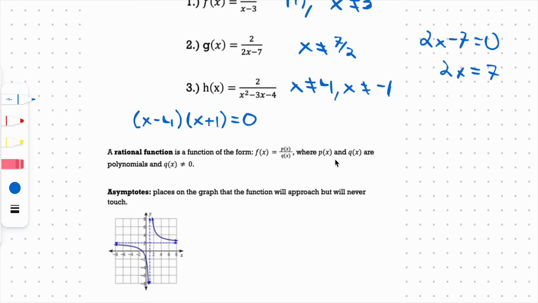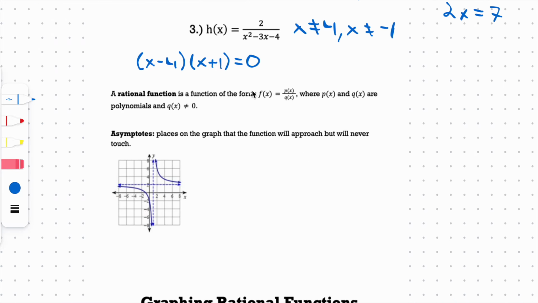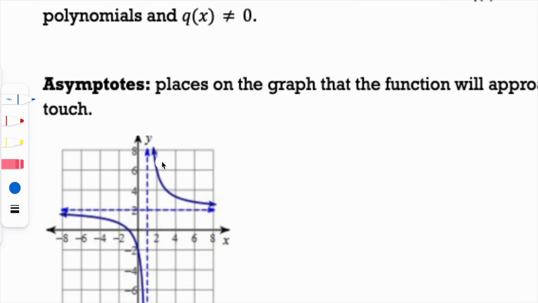And when we have these domain restrictions, we'll have these things called asymptotes. Essentially we'll have these lines in rational functions that our function approaches, these imaginary lines, but never actually touches.